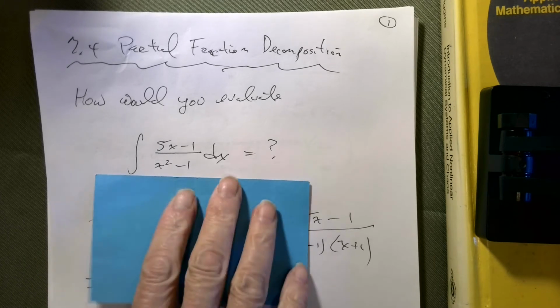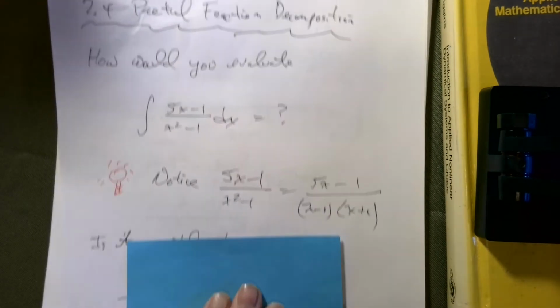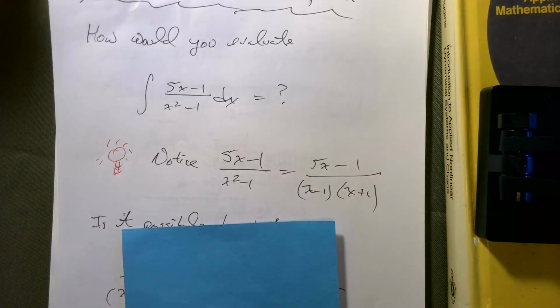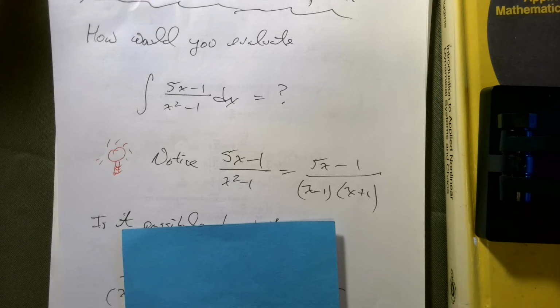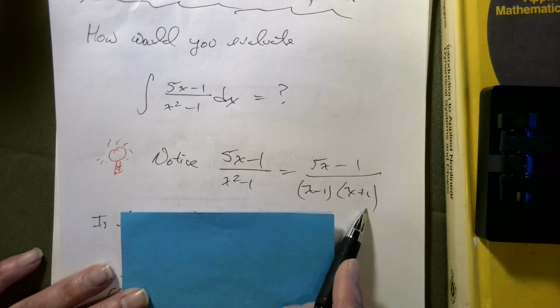But the idea here in this section is that I could actually write my... bring the microphone a little closer. So I notice that the denominator is really the difference of two perfect squares.